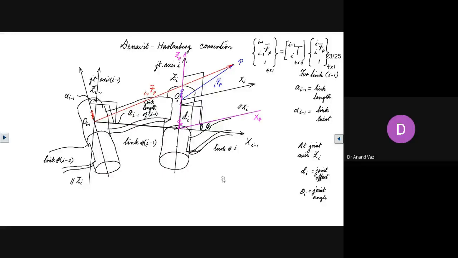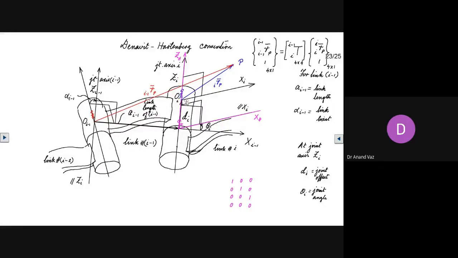So there is a unit matrix: 1, 0, 0, 0, 0, 1, 0, 0, and 0, 0, 1, 0, and this is pure translation.